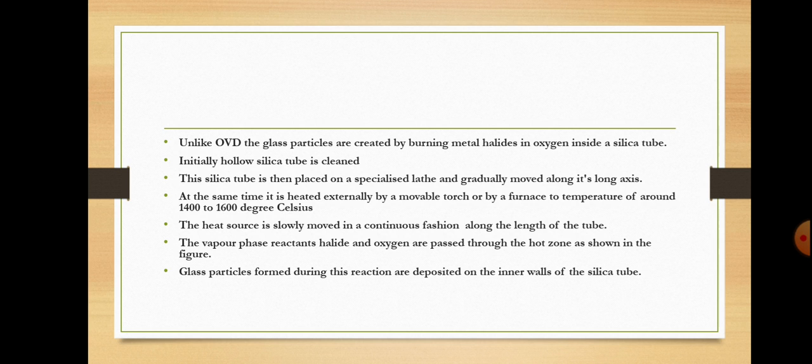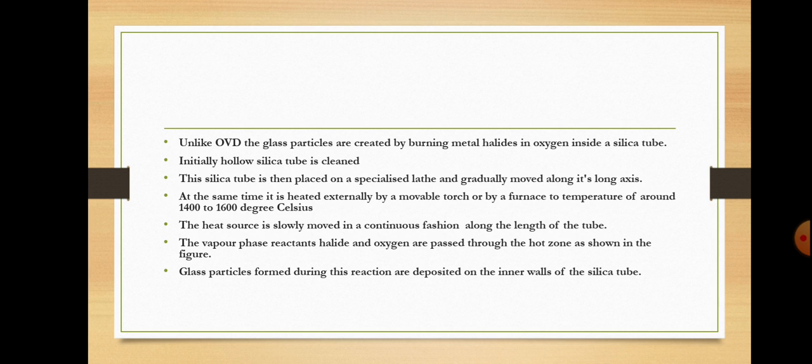At the same time, the glass tube is heated externally by a movable torch or by a furnace, at a temperature of about 1400 to 1600 degrees Celsius, and the heat source is slowly moved in a continuous fashion along the length of the tube.